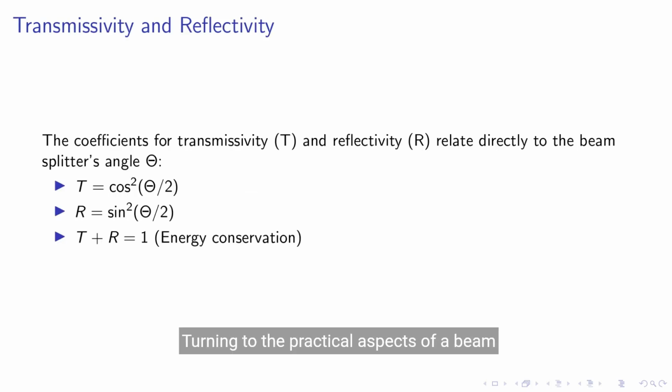Turning to the practical aspects of a beam splitter's operation, we define the transmissivity, denoted as T, and reflectivity, R, in terms of the beam splitter's angle, theta. The transmissivity T is the square of the cosine of theta over 2, and the reflectivity R is the square of the sine of theta over 2, ensuring that their sum equals 1, in accordance with the principle of energy conservation.